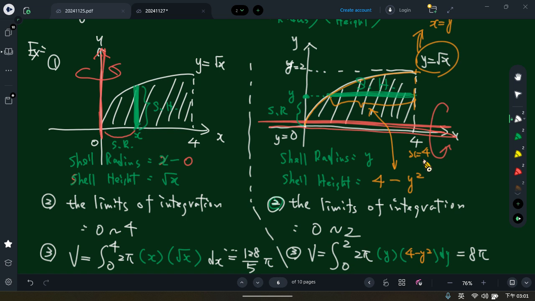The shell radius and height make it a little more complicated, but the answer is still the same, just a different method.